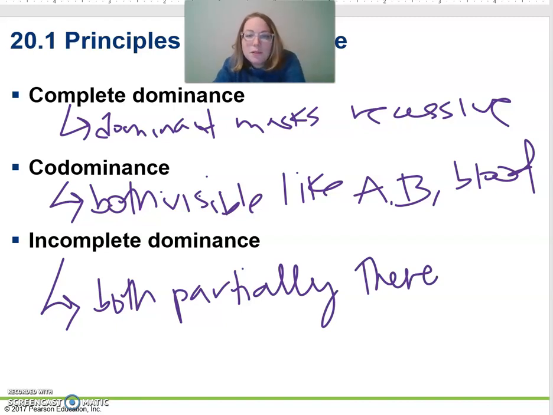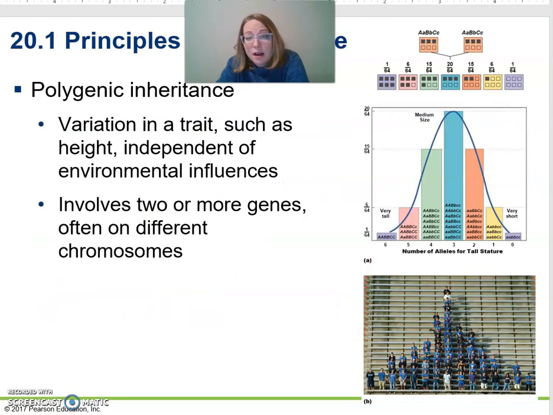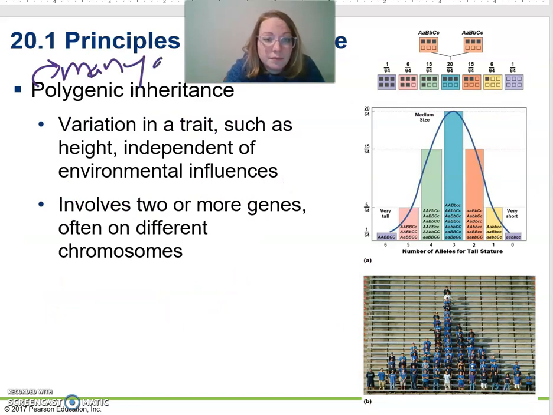Okay, so what we've been looking at is monogenic, one gene. But most of our traits are polygenic. They have many genes that code for them. So skin color is a good one. There's 6 genes for that.